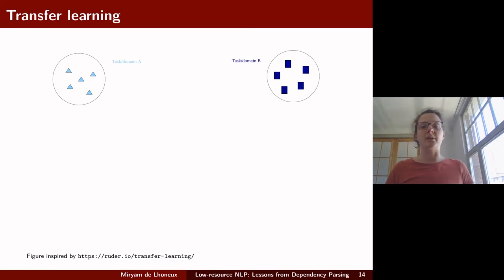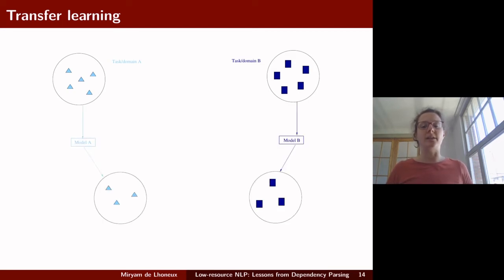So typically in machine learning, we have a task or a domain A and a task or a domain B. In the context of parsing, this would be different languages, and we typically create a model for each of those tasks or domains, here languages.